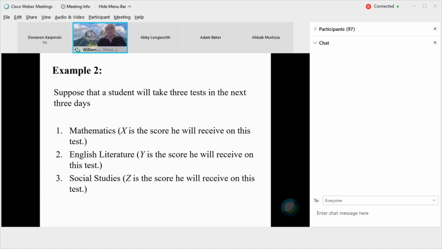Another example: suppose you have a student who's taking three tests in the next three days. He's taking a mathematics test; X is the score he'll receive on this test. An English literature test; Y is the score he receives on that test. A social science test; Z is the score he receives on that test.